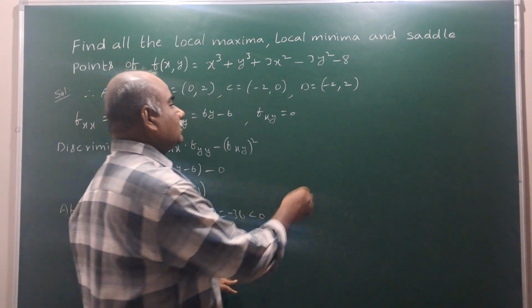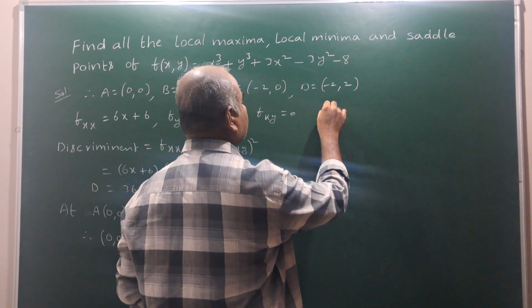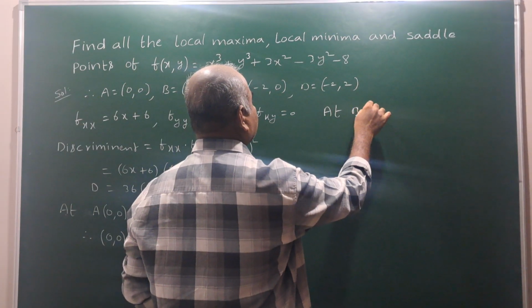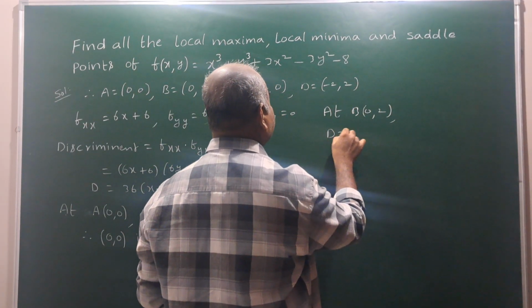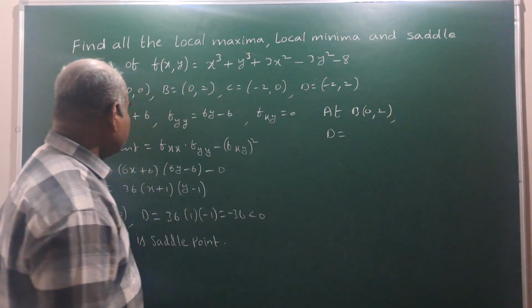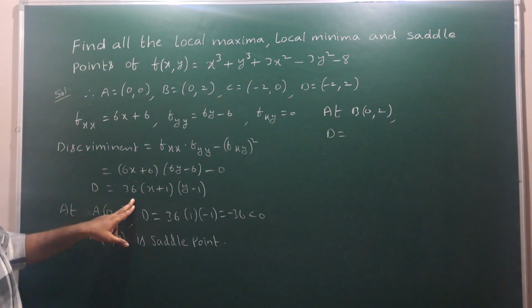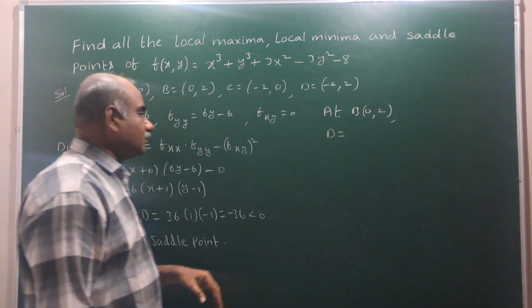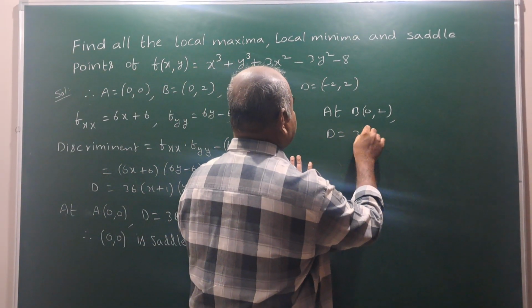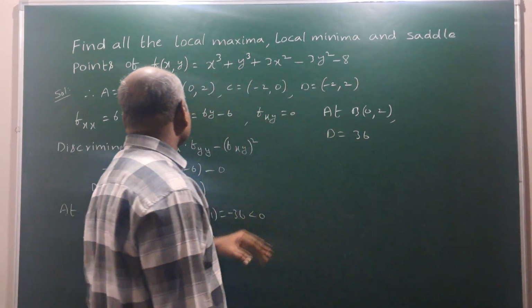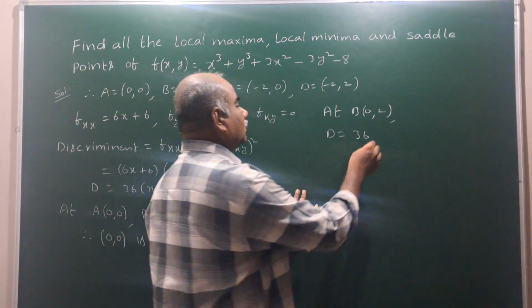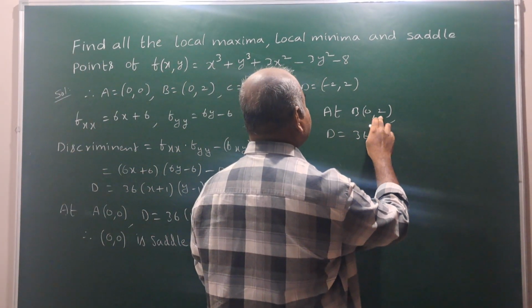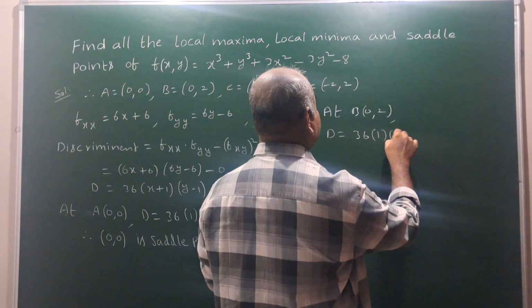Next we have to check at the point b (0, 2). First of all we have to find the value of the discriminant D. Discriminant is 36 into (x + 1) into (y - 1). x means 0, so x + 1 is 0 + 1, 1. y - 1 means 2 - 1, which gives 1.